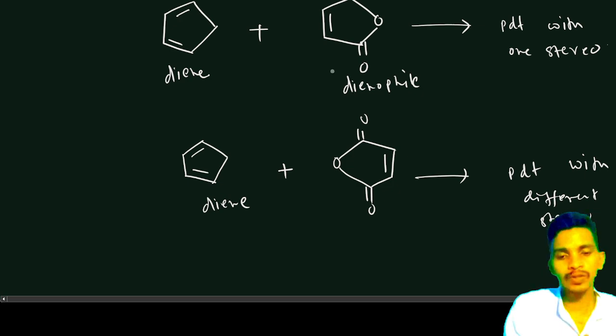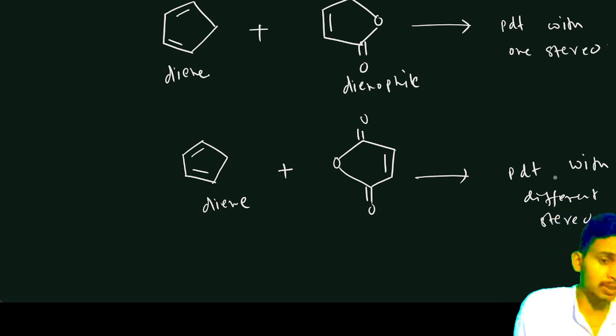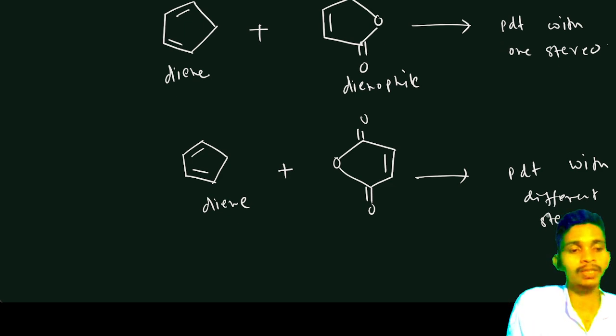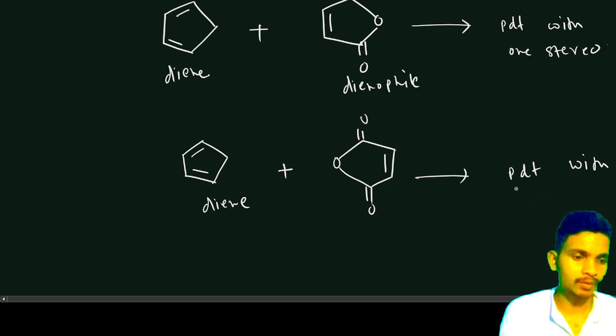It means that the diene will be the same, but if you change the dienophile, then the product will have some other stereochemistry.